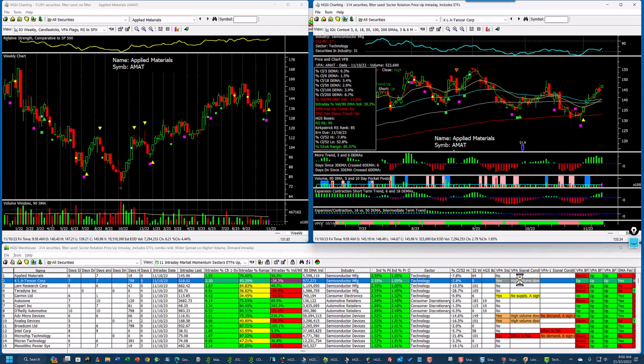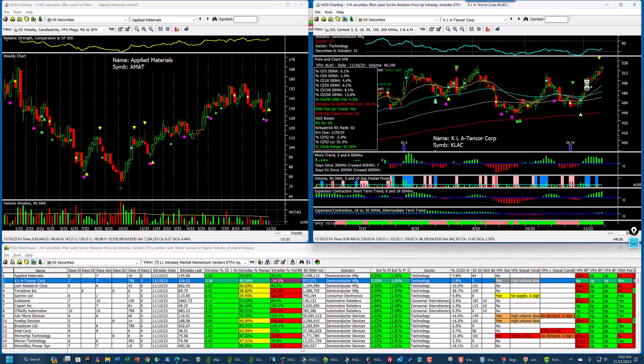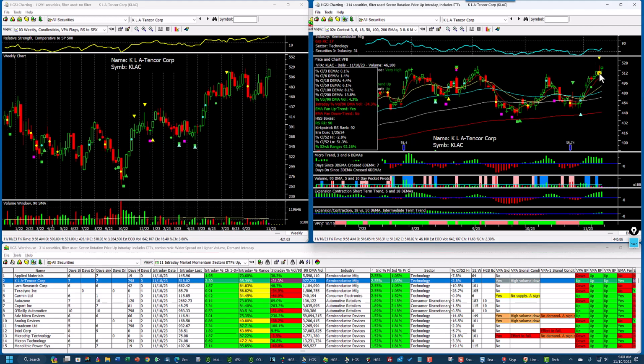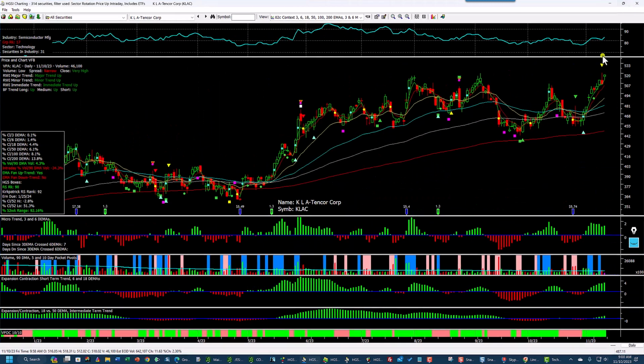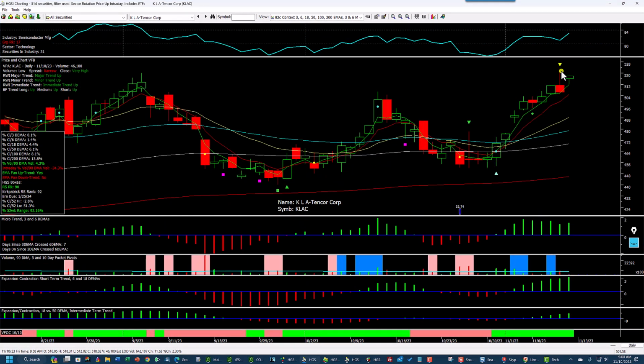If I bring this up, it's going to show me that there was a negative signal yesterday, or a negative VPA flag. Let's move in on this right here, but that's being overcome now. The momentum is clearly to the upside on this stock based upon the 3 crossing the 6 and the volume point of control.